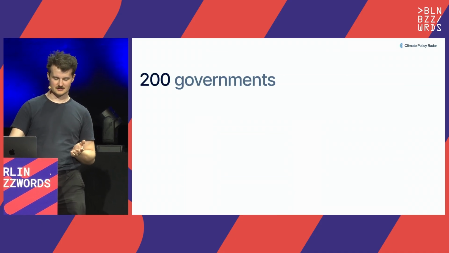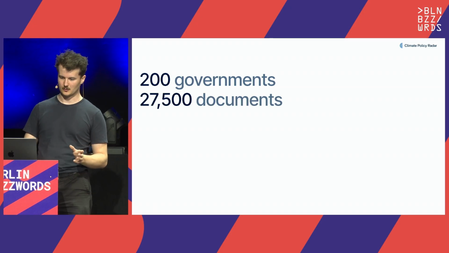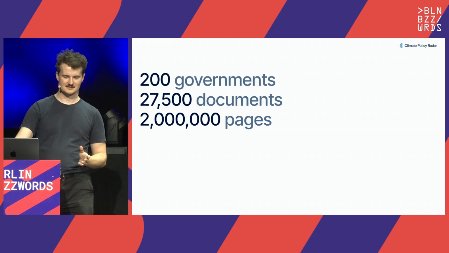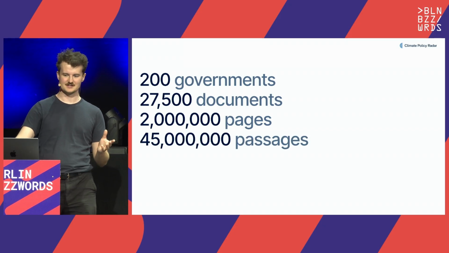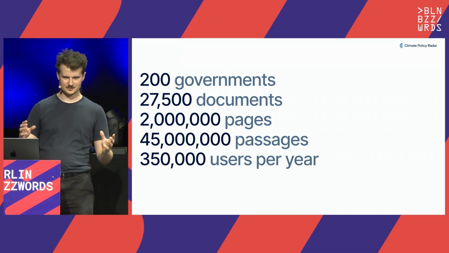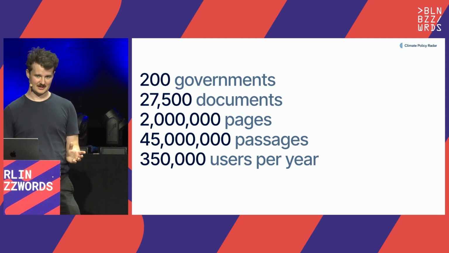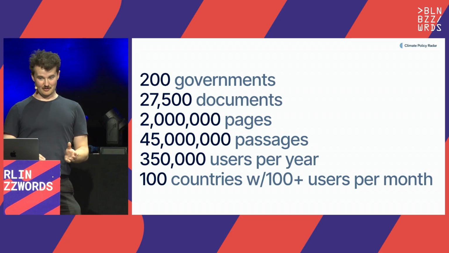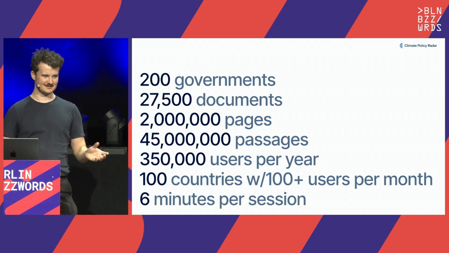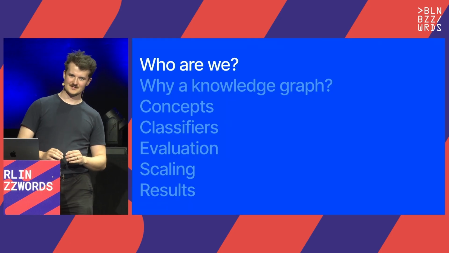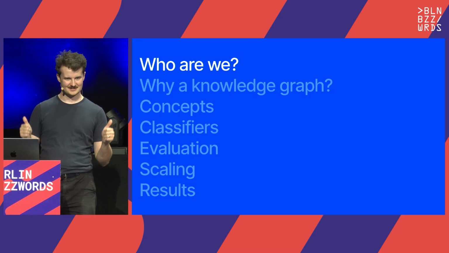We have documents from 200 governments around the world, about 27,500 documents, which adds up to 2 million pages, 45 million individual passages of text, which are read by about 350,000 users a year from all over the world who spend a lot of time engaging with this stuff. So that's who we are. That's what we do. It's good. It works. We're used.